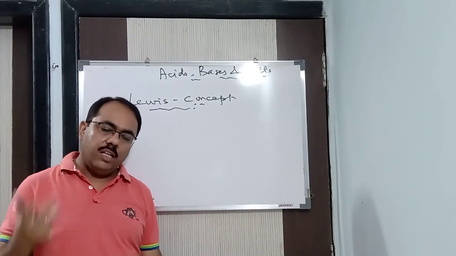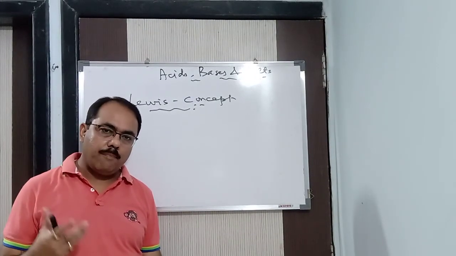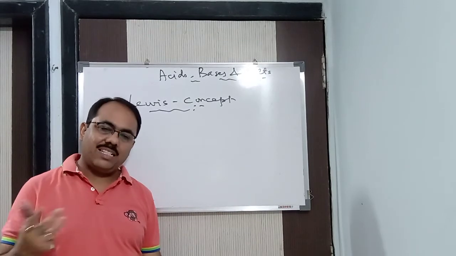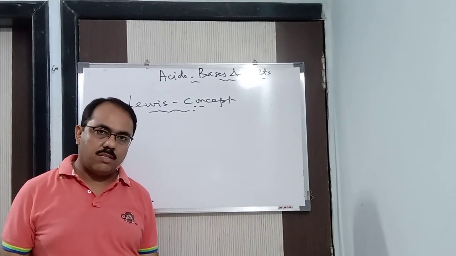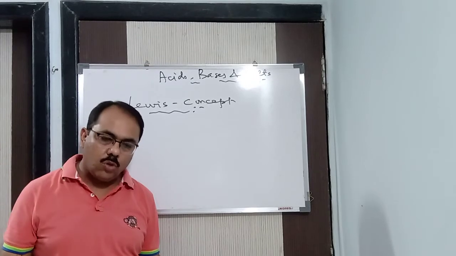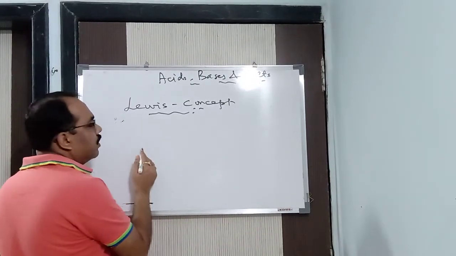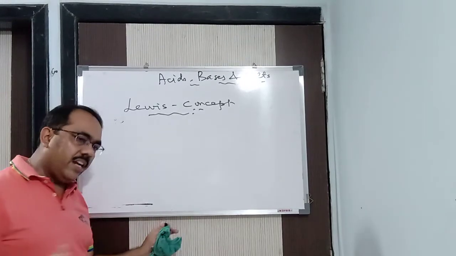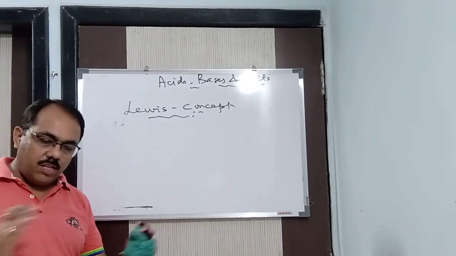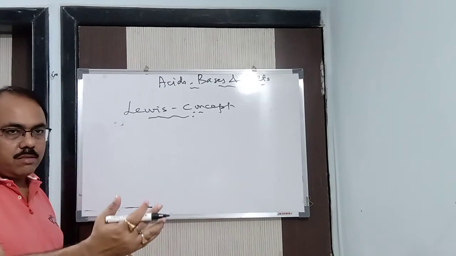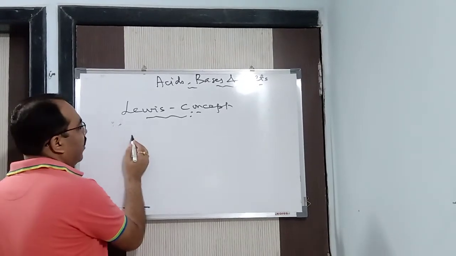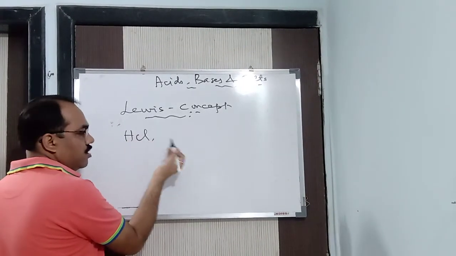Again I repeat, Lewis acids are pair of electron acceptors, and Lewis bases are pair of electron donors. Now you might be wondering. According to Lewis, he divided chemistry into two, Lewis acids and Lewis bases. So here HCl, of course, is a Lewis acid.